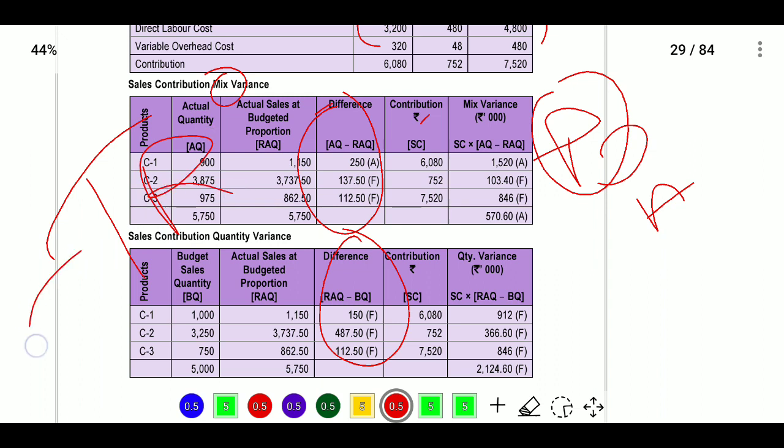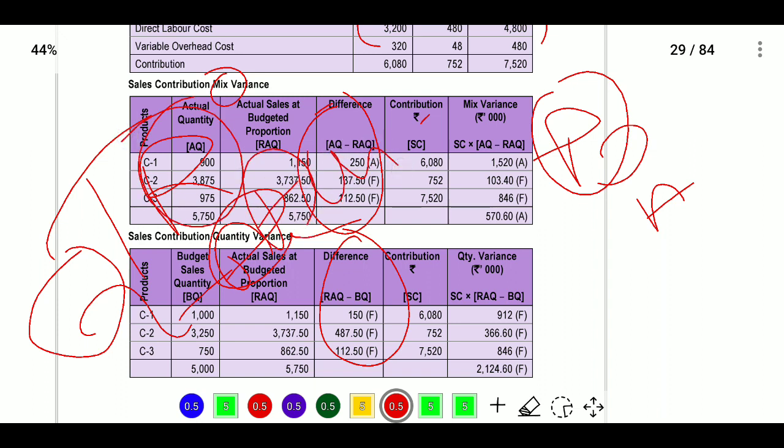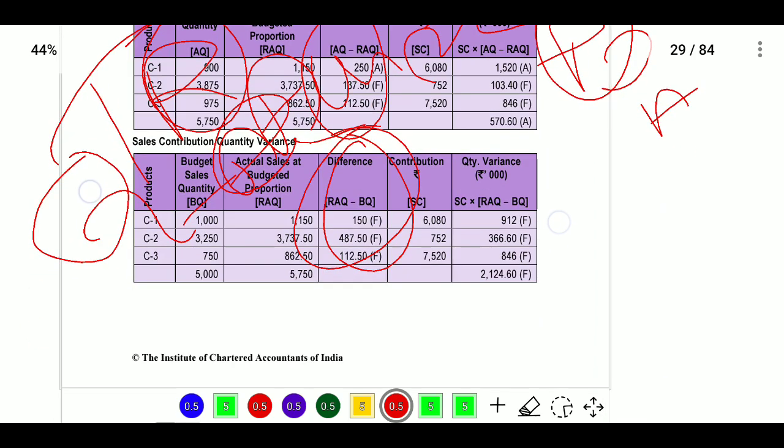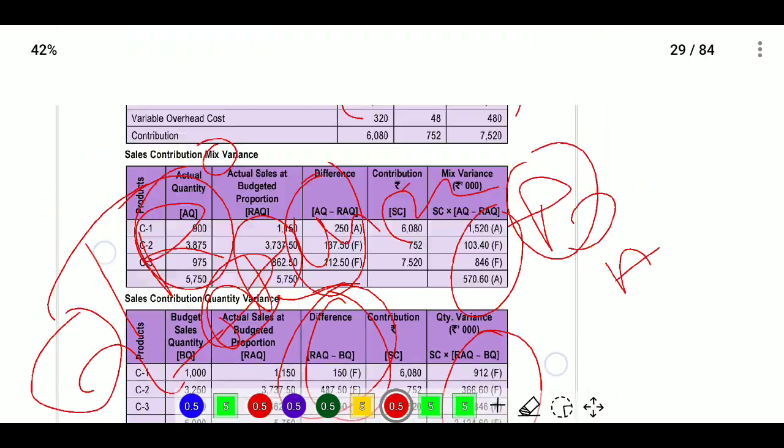If it is a left hand side item, we take budgeted first and minus actuals. But on the right side, we go for the reverse. So we take actuals and revised; budgeted is prepared first and next we revise it. So we take revised minus budgeted, and we will get the answers. So we will get the favorable or adverse cases.